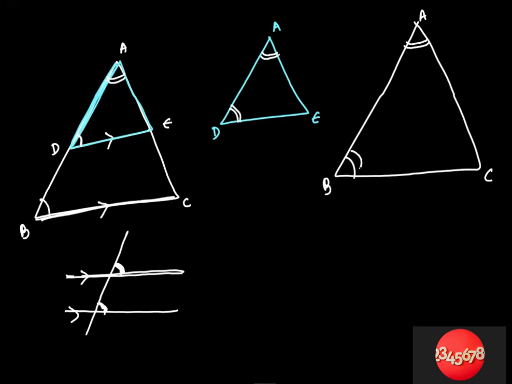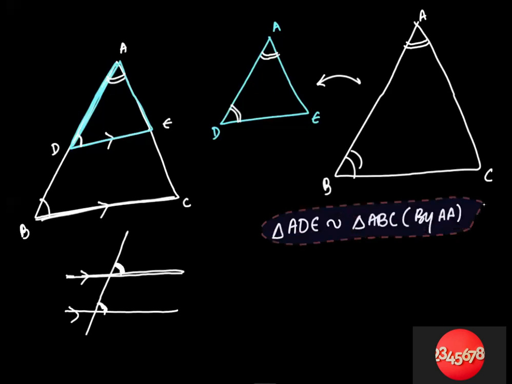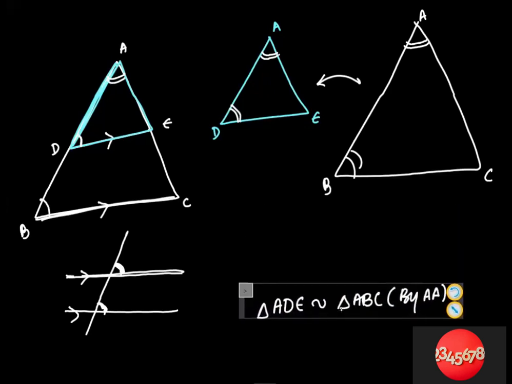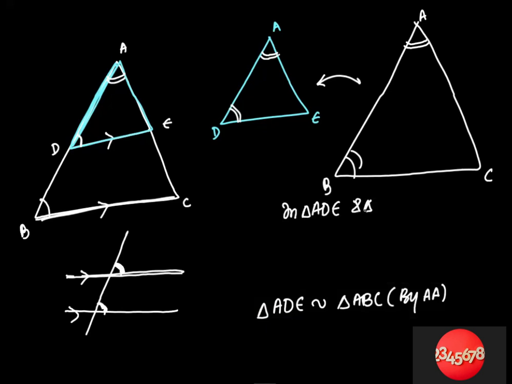So are these two triangles similar? By what axiom? I am writing directly: triangle ADE is similar to triangle ABC, by angle. But this is wrong if I write it directly like this, because first I should mention the names of the triangles. In triangle ADE and triangle ABC, I write angle DAE is equal to angle BAC.